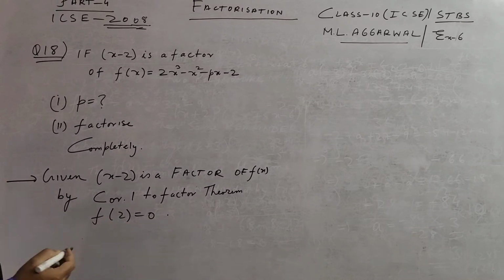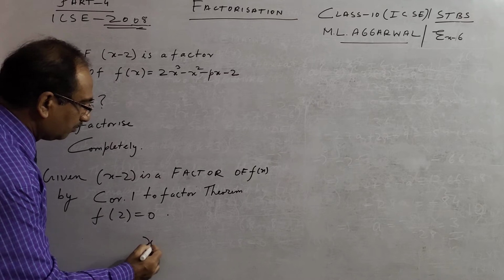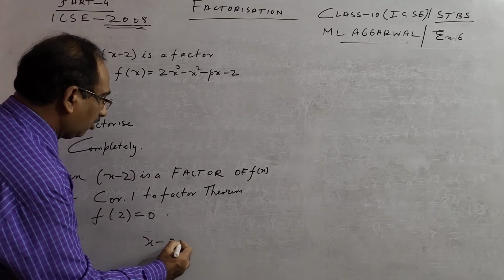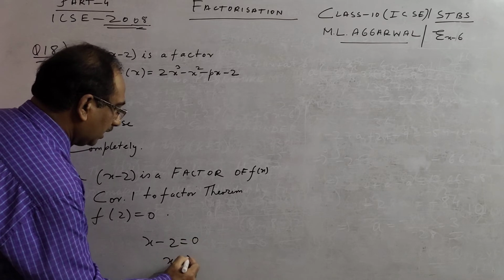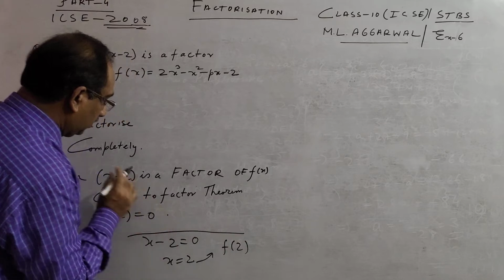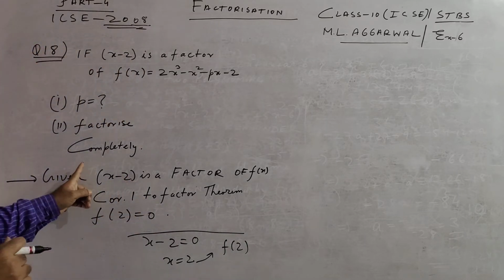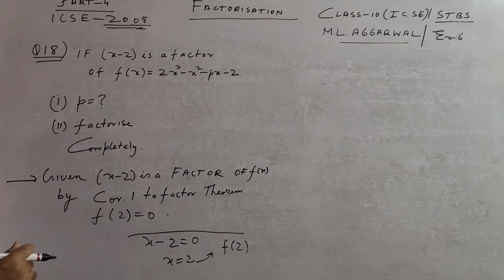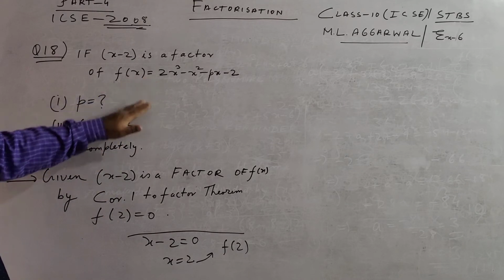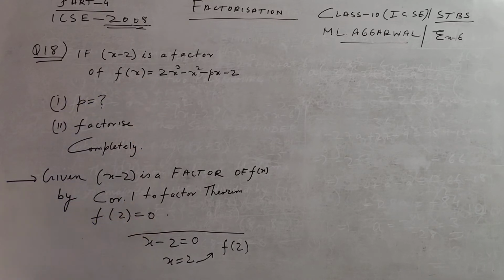Generally, one shortcut method you will see some authors and some books use, which I think is mathematically not very logical. But I think this has correct mathematical logic. So what we will do, wherever x is there, we will put 2 and we will put it equal to 0.